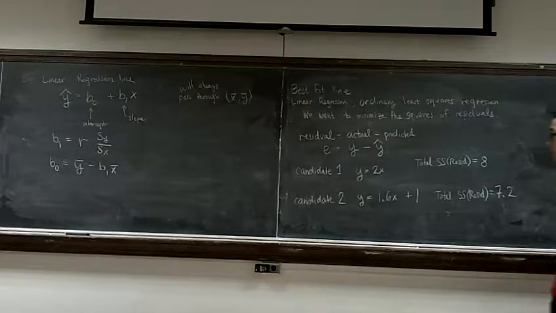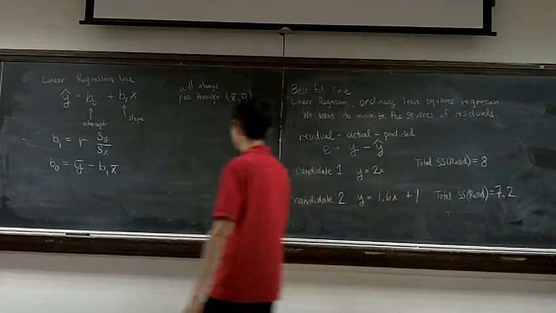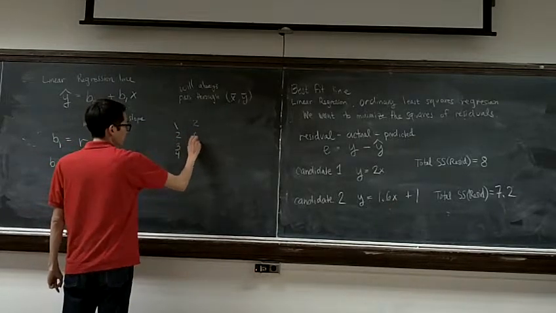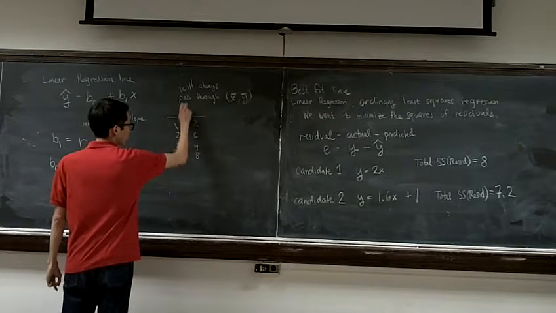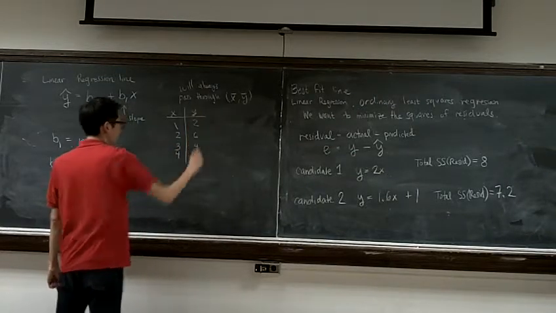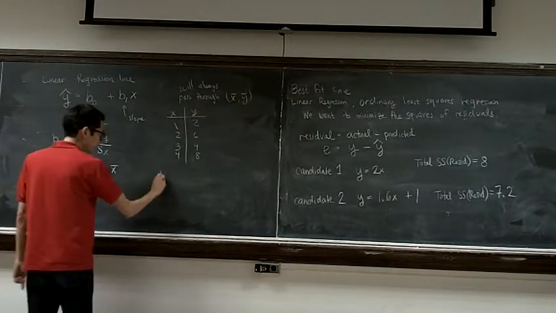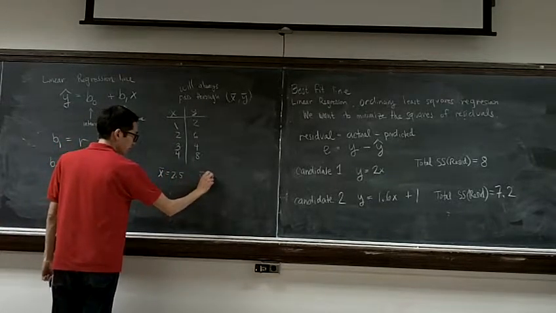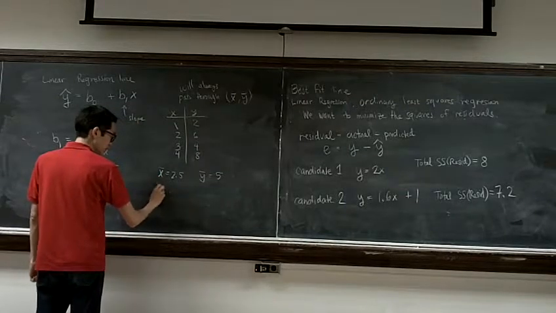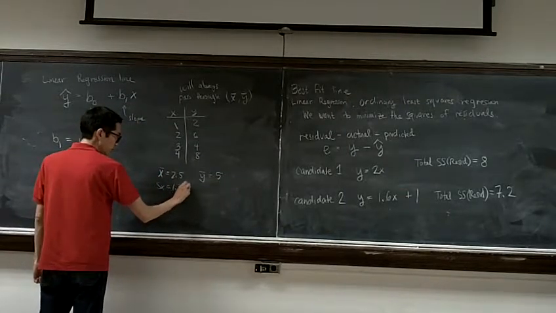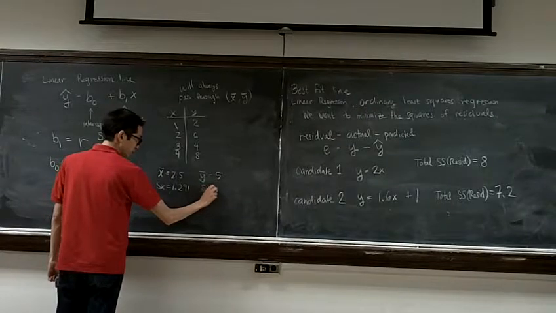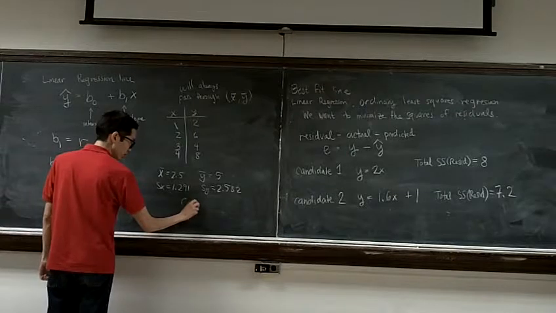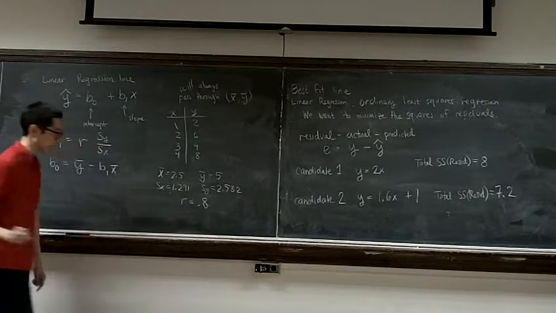So when I had the data points (1, 2), (3, 4), (2, 6), (4, 8), x and y, my x bar was 2.5, and my y bar was 5. My standard deviation of x was 1.291, and the standard deviation of y was 2.582, and my correlation was 0.8.